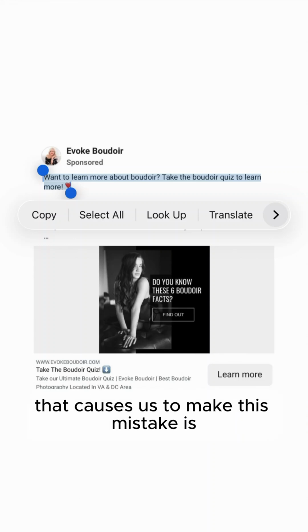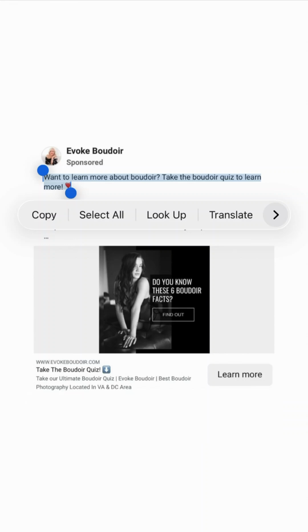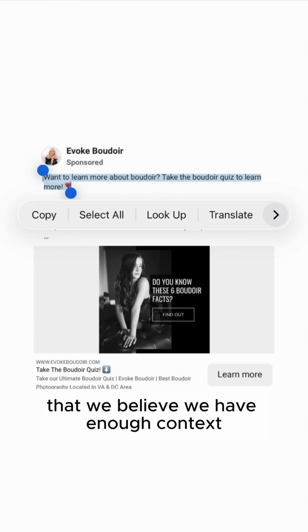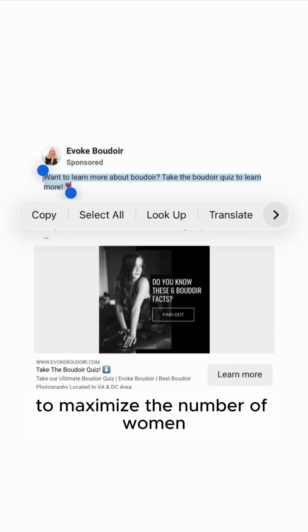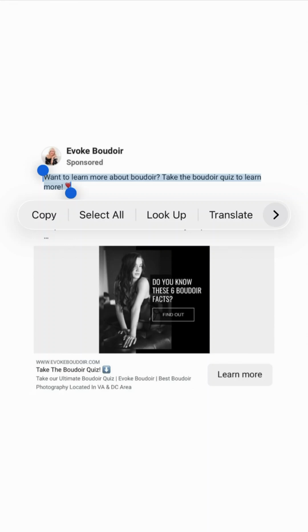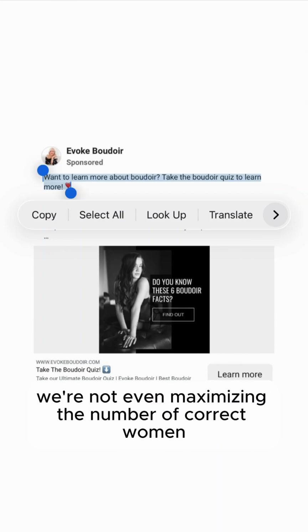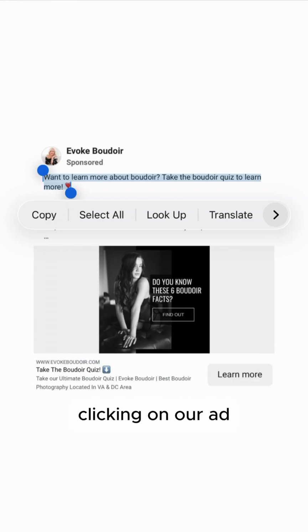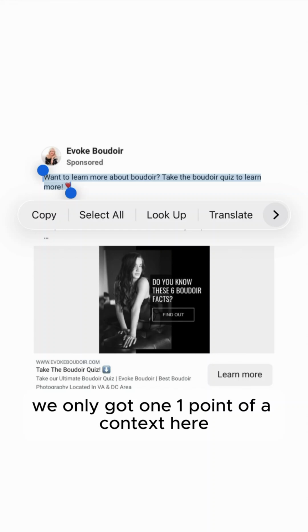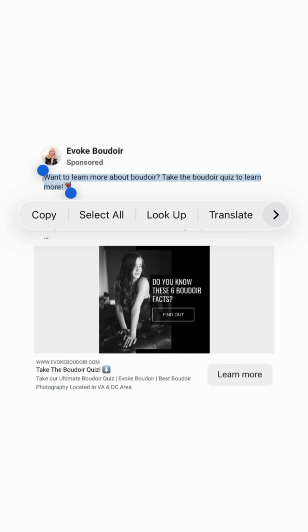So the false belief that causes us to make this mistake is that we believe we have enough context to maximize the number of women, the right women, clicking on our ad. Again, not the correct women scrolling on by, but we're not even maximizing the number of correct women clicking on our ad. We only got one point of context here.